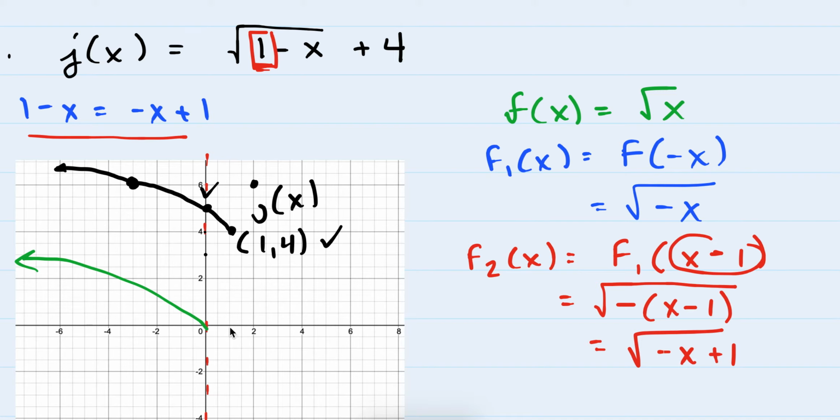So then this is going to look like that. And then you would define your next function, which is to add 4. If you make f3 take this function f2 and add 4, you're going to get the same graph, because it's just going to shift it up 4. So that's just another way to do it. And you're going to get the right answer, you just have to be very careful.